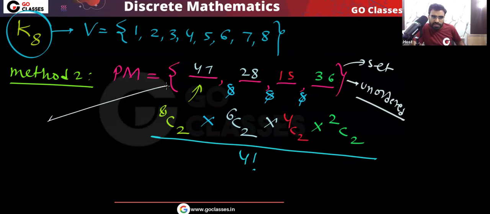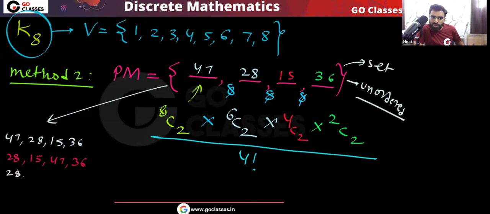Is this clear? If you notice, it will be like 4 7 2 8 1 5 3 6. This arrangement is there. And remember, when you are selecting 2 items from 8 items, maybe you can select 2 8. From the remaining 6, maybe you can select 1 5. From the remaining 4, maybe you can select 4 7. And from the remaining 2, you select 3 6. The point is that these are actually the same.